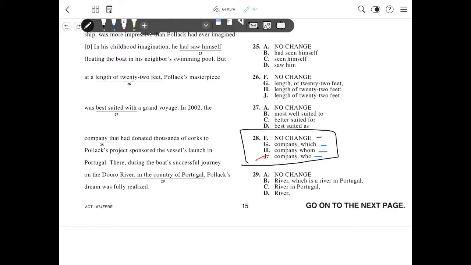And that also helps us eliminate option H, whom is only used for living things. So that leaves us with option F and G. Now, this is kind of a tricky question because when we use the word which, it's very natural.